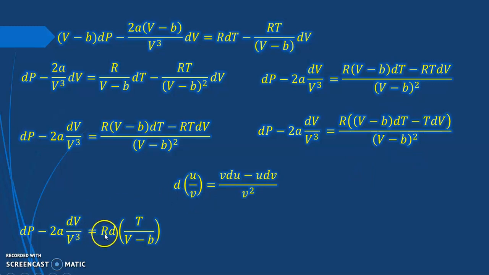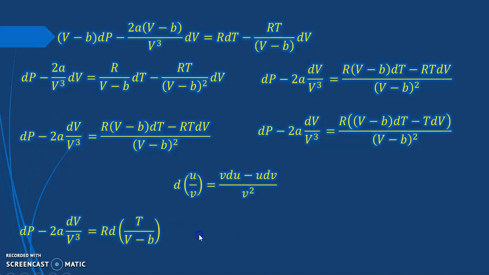In here this r doesn't change, and the differential of t, that is the role of u, over v minus b, that is the role of this v that we have over here. If we do this operation, we realize that we obtain this expression that we have in here. For that reason, it's legal.